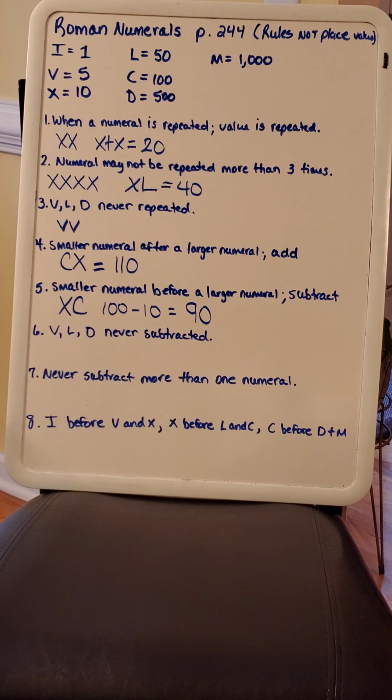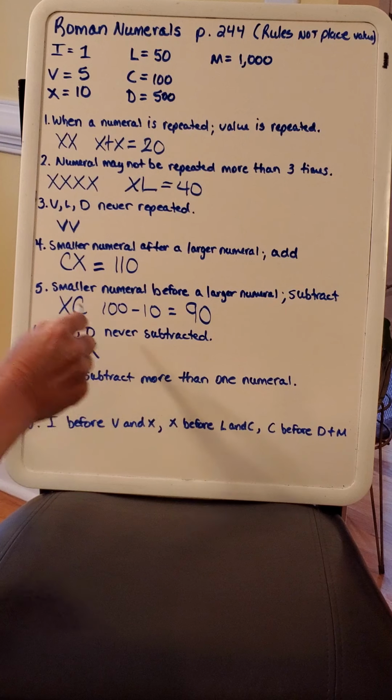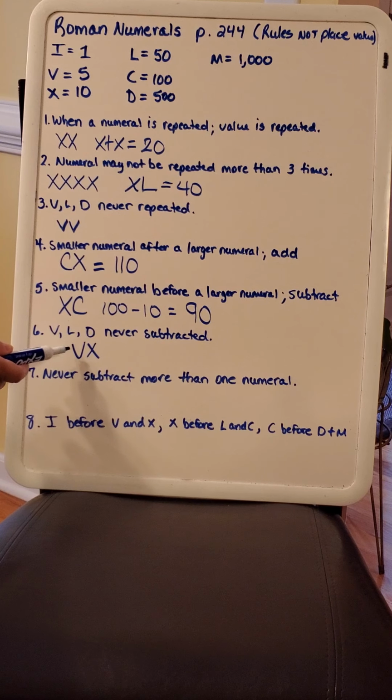Number 6, V, L, and D are never subtracted. So if you have one where there's a smaller number before V, L, or D, like V, X, we got a smaller number first, and then X, which is larger, that's incorrect. You never subtract V, L, or D.